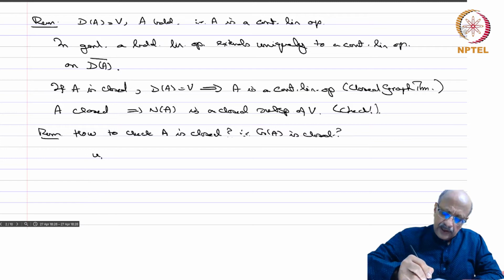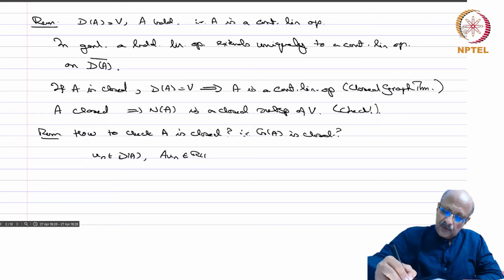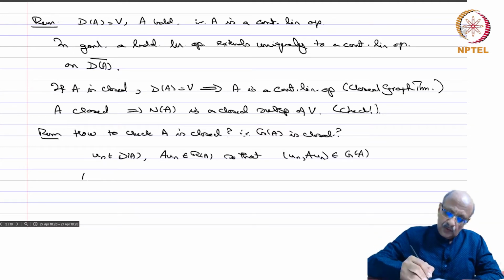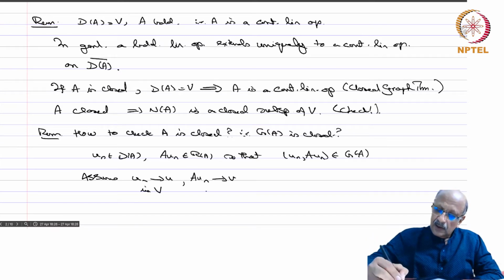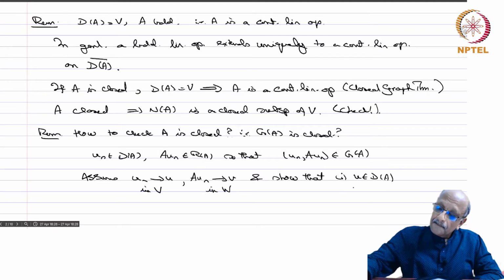So, you take U_n in D of A and A of U_n belongs to the range of A, of course, so that (U_n, AU_n) belongs to G of A. So, assume U_n goes to U, AU_n goes to V, this is in V, this is in W, and show that 1, U belongs to D of A and 2, AU equals V. Then G of A is closed.